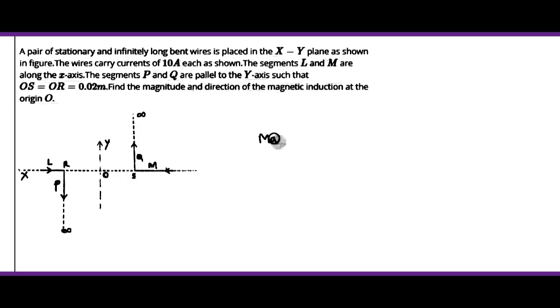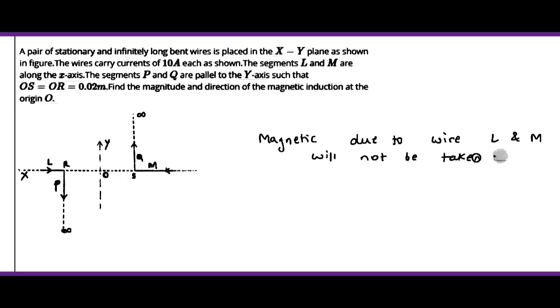So we can see the magnetic field due to wire L and M will not constitute to magnetic induction at O. As we know, a magnetic field will be around the wire carrying current, and not on the axis.